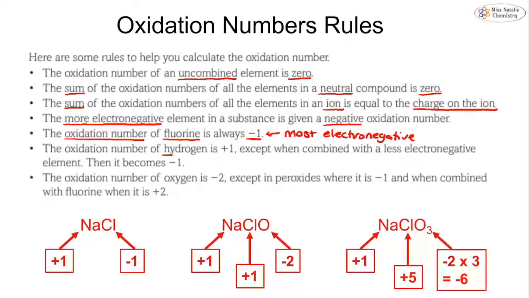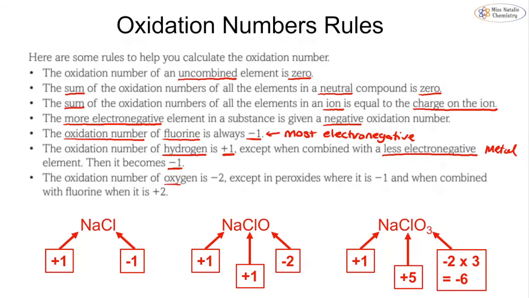The oxidation number of hydrogen is always +1, except when it is combined with a less electronegative element, usually a metal, in which case it becomes -1, because we've already said that the more electronegative element has to be the negative number.